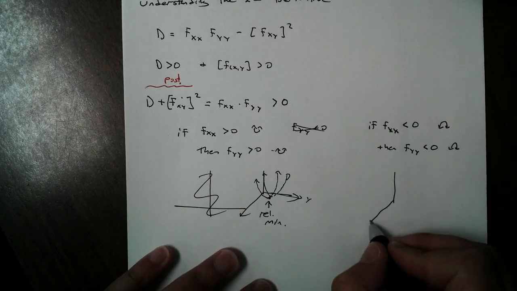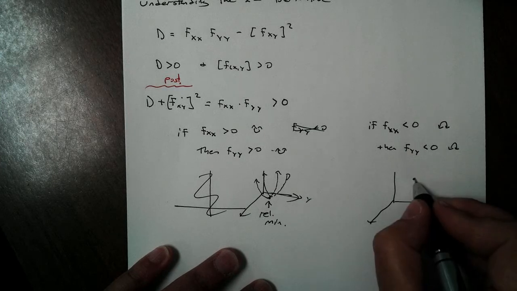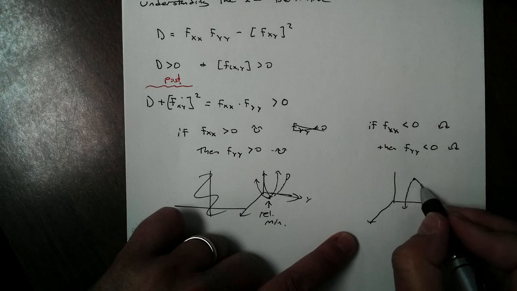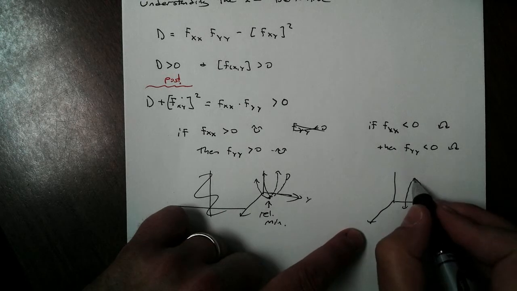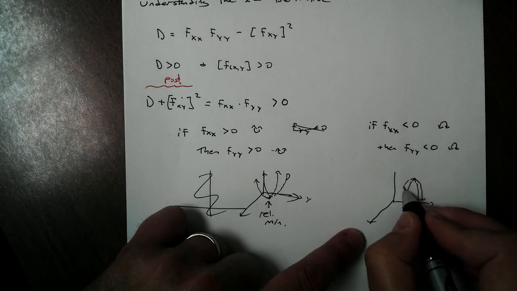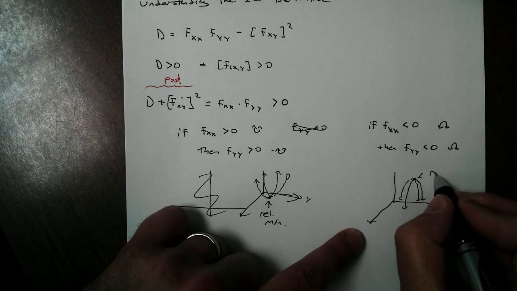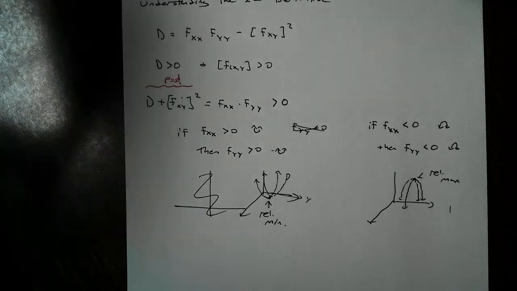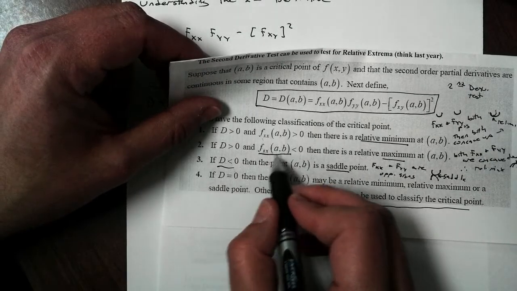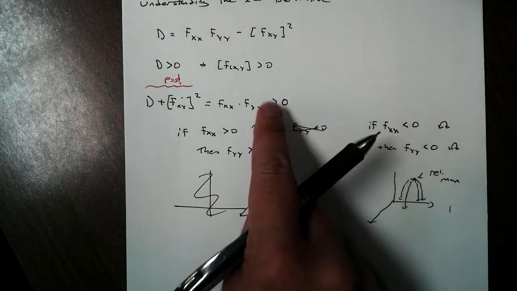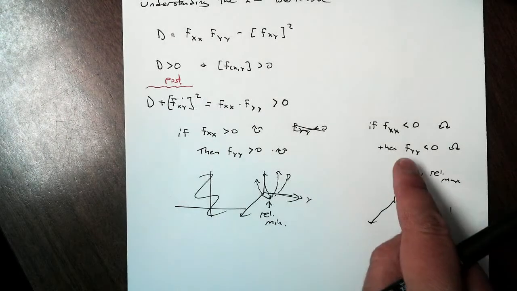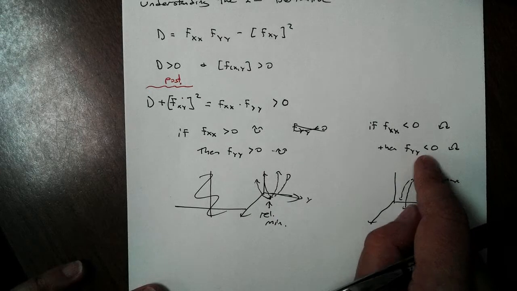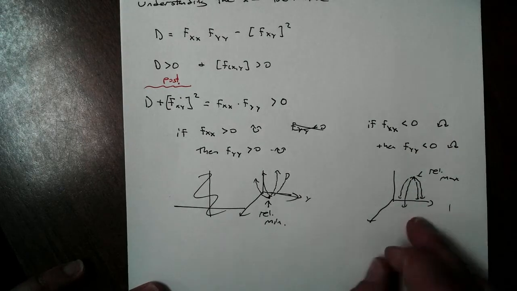So if we look at our critical point, this has to be a relative maximum. And that is, again, why we only have to worry about the second partial with respect to x. Because the only way that will still be true if d is positive is if fyy is also less than 0. So that takes care of the relative max and mins.